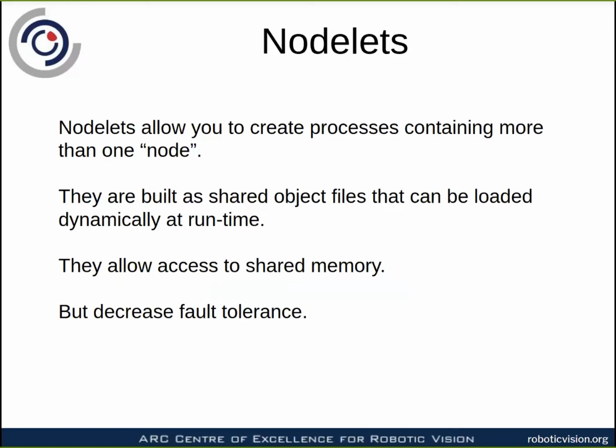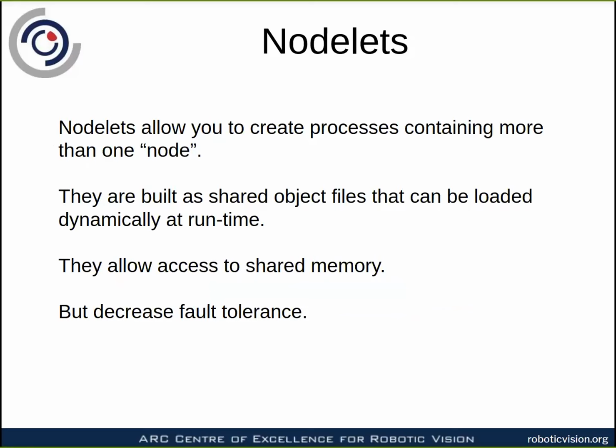One last thing before I move on to ROS2 is in ROS1, they do have a concept of multiple nodes per process, but I'm going to air quote that because it's this thing they tacked on towards the end called nodelets, which you basically have to build as shared objects and then you load them dynamically at runtime.